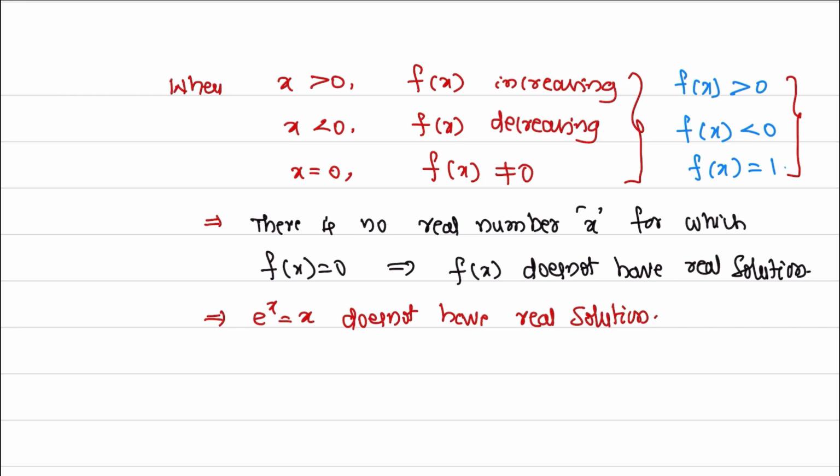As far as complex numbers are concerned, you can refer to any good textbook on the Lambert W function, and you can find that x has a number of non-trivial solutions in the complex plane.